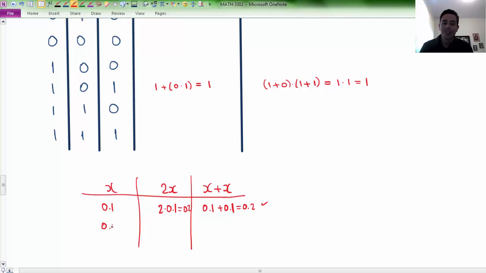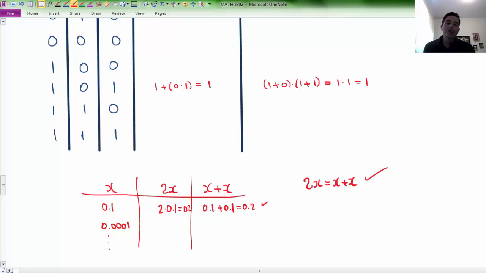Next, let's try 0.0001. Right? It's infinite. You will never be able to exhaust all these possibilities. If you could, then you would prove that this is equal to that, if we could check every single possibility, but it's infinite. There's no way.